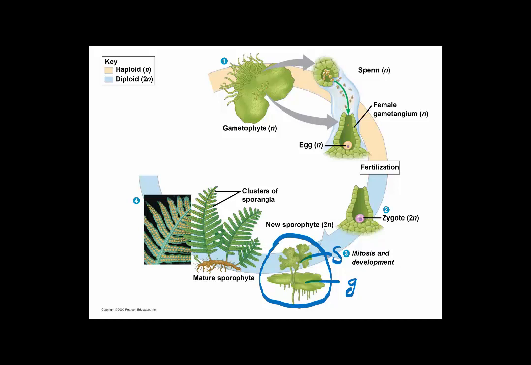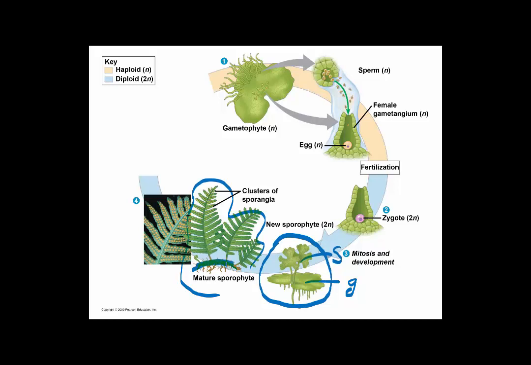But this gametophyte, remember, is really small. It's about the size of a fingernail, and it never gets bigger, and it withers away because it's done its job, and the sporophyte develops into this big leafy thing that is what you think of when you think of a fern. Ferns are mostly leaves, what you see. The roots are usually under the ground. And the stems are mostly under the ground.